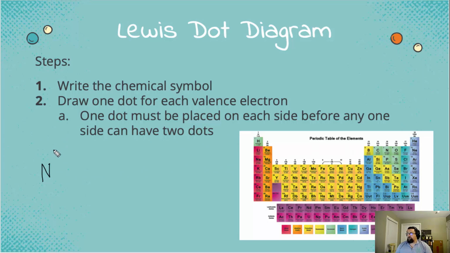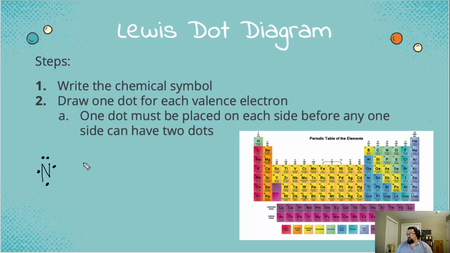The only thing is you have to do 1 dot on each side before you can put a second dot on any side. With nitrogen, you do 5. I'm always going to start at the top, but you can start wherever you want. 1, 2, 3, 4, 5. And that's it. That's the Lewis dot diagram.